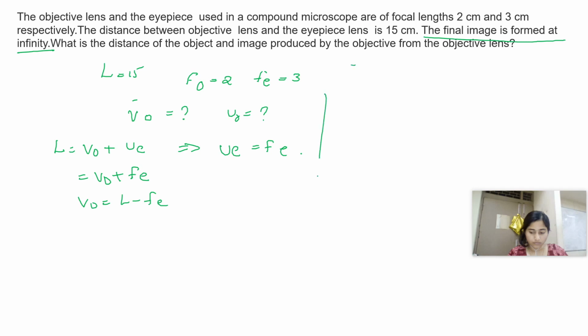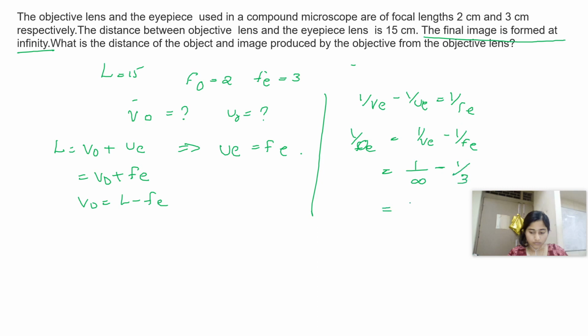So here also we have to use the formula 1 by VE minus 1 by UE is equal to 1 by FE. So 1 by UE is equal to 1 by VE minus 1 by FE. The final image will be at infinity, so VE is infinity, and it becomes minus 1 over 3.